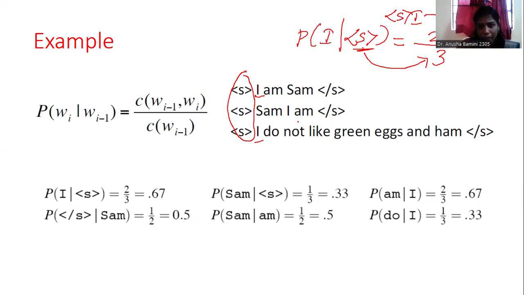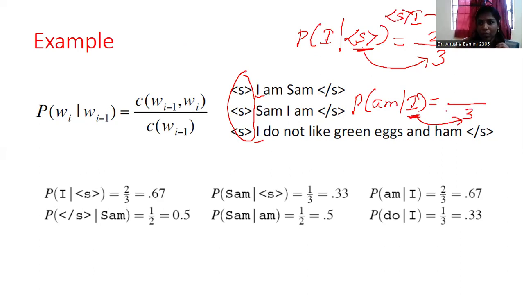Okay. Consider the word am. I have to check how many times am is occurring after I. What is the probability of occurring am after I? So how can I write the probability of occurring am after I? How will you calculate the probability? Count the number of times I occurred in all the given sentences: 1, 2, 3.